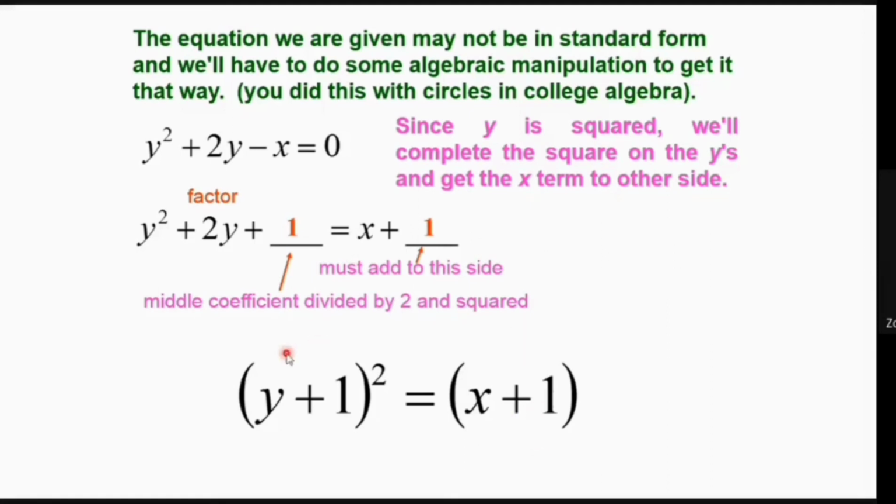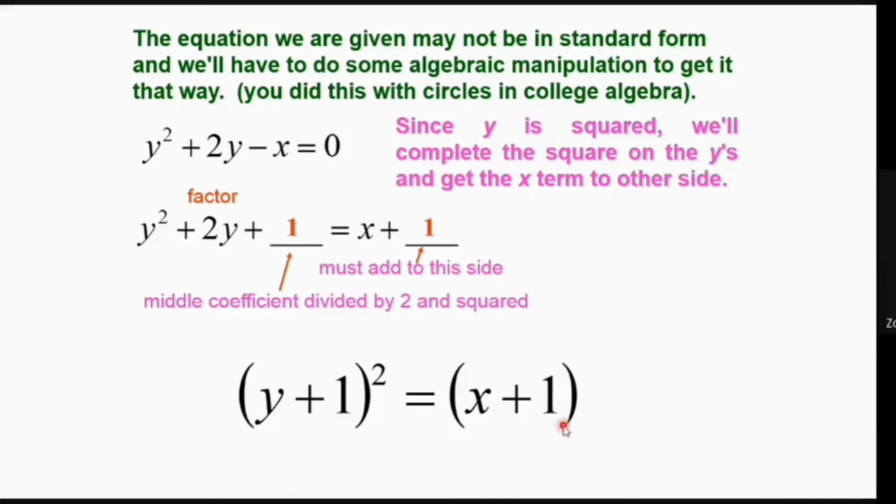Okay, so in this case, we have the quantity y plus 1 squared equals x plus 1 squared, and this equation is already in the standard form. So from this, we can easily identify the value of h to be negative 1 and the value of k to be negative 1.